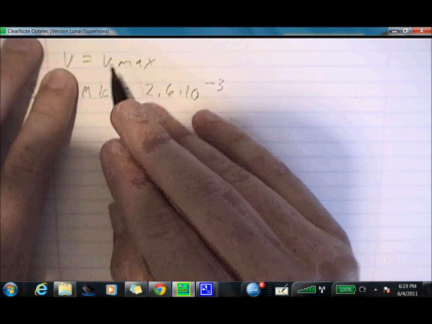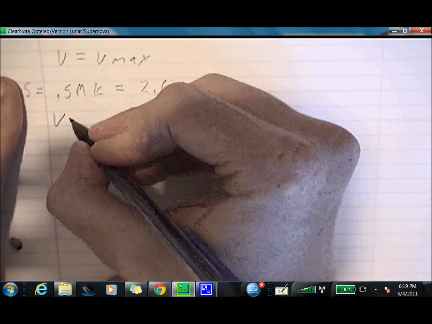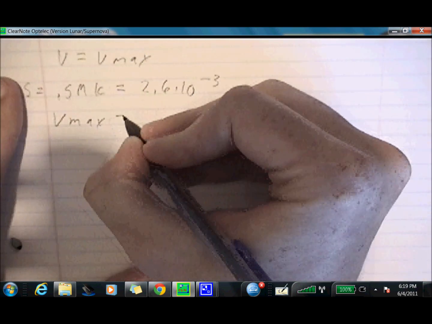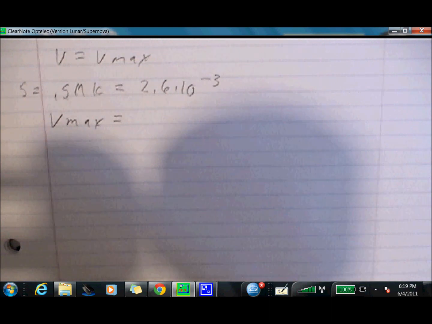Therefore, V equals V max. So our V max is going to equal whatever that velocity was at that time, which is 5.9 times 10 to the negative fifth.